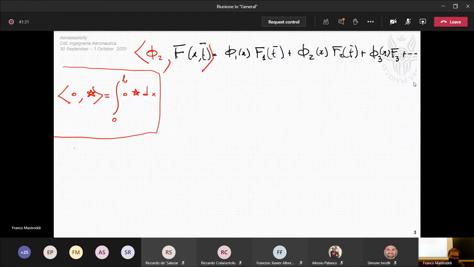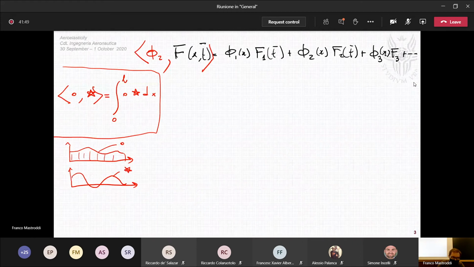Consider that the inner product is the following. If this is the circle function, and this is the star function, how can you do the inner product between these two functions?